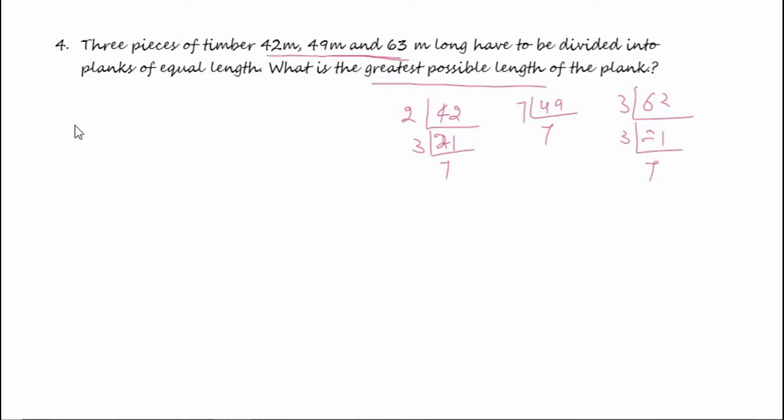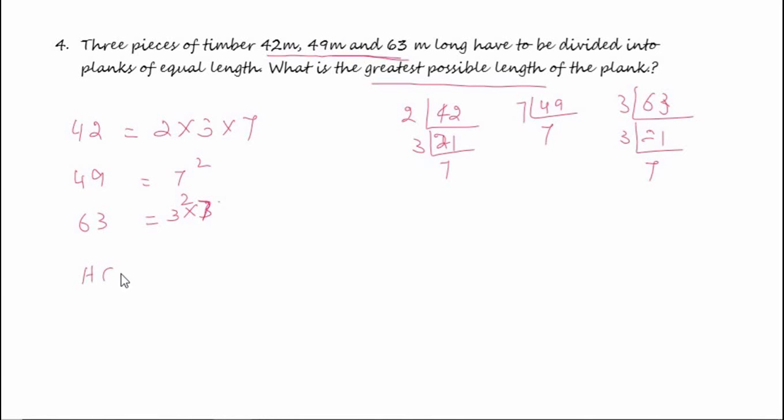So 42 is written as 2 into 3 into 7. 49 can be written as 7 square, 7 to the power 2, and 63 can be written as 3 into 3 into 7.